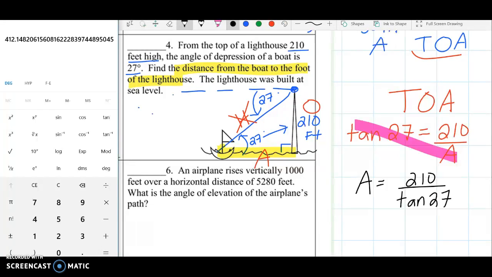Actually, 412.1, sorry. So we're going to write down that A is equal to 412.1 feet. All right, so the answer to this problem is 412.1 feet. And then we're done.